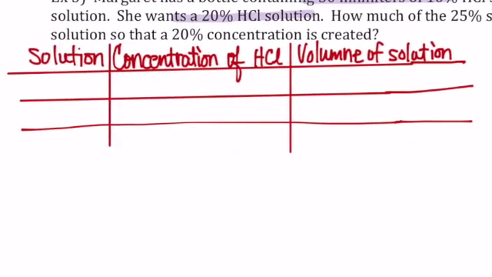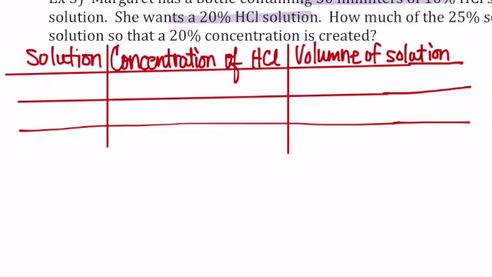You have three different rows: the weak one, the 10% solution, then the strong one, and then we want to make a 20% solution. That should be no problem. Now the concentration is going to change from percentage to decimal.